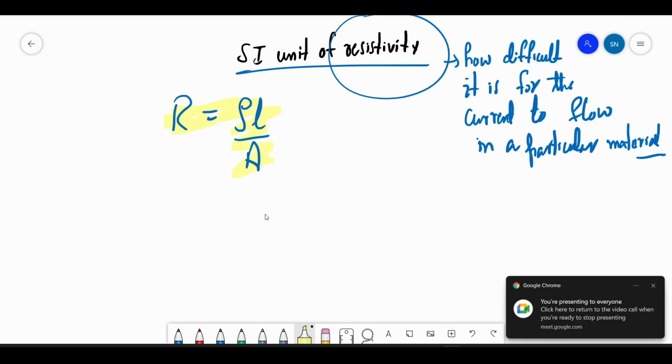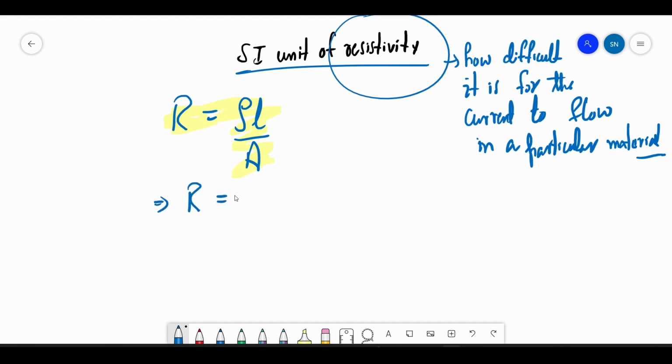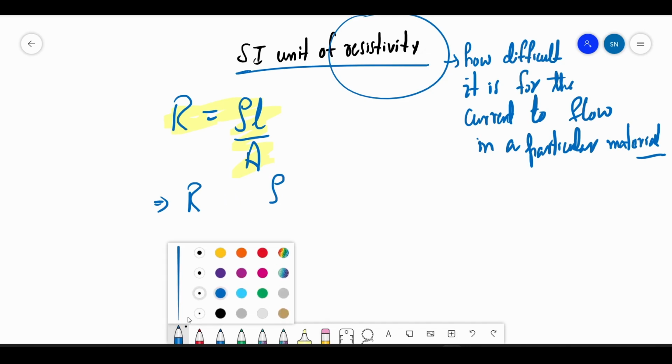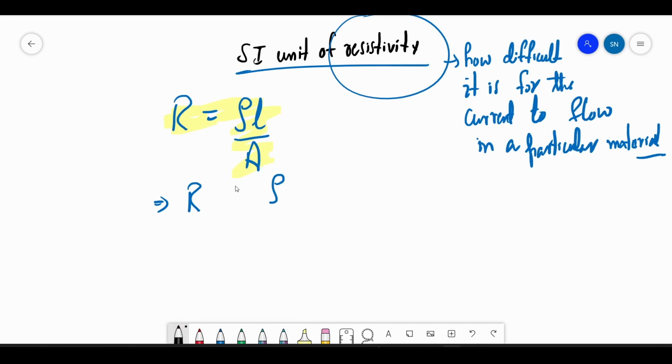So what you will do in order to find the SI unit of rho, you will put it on one side, make this the subject, transposing. So this A will be transferred to the other side. It is in the denominator, it will be in multiplication. R into A by L is equal to rho.